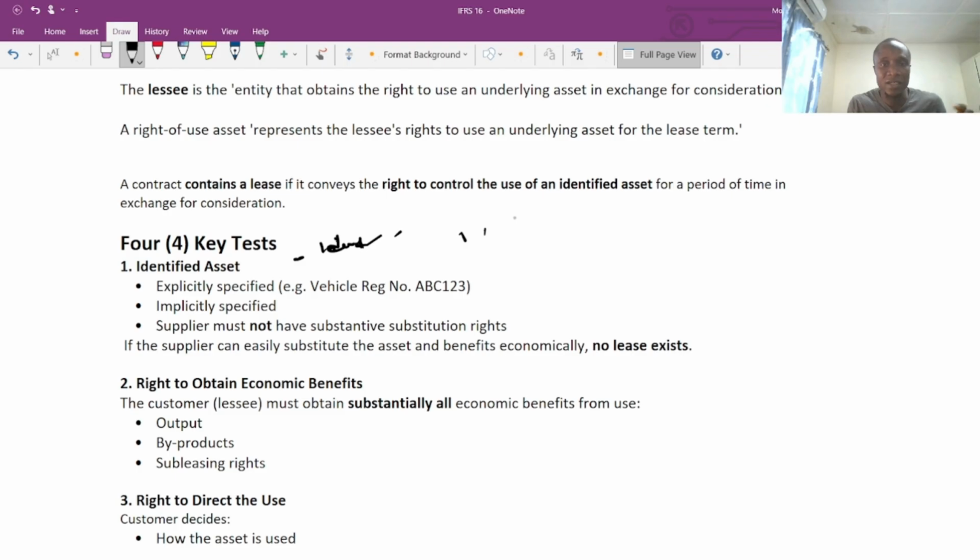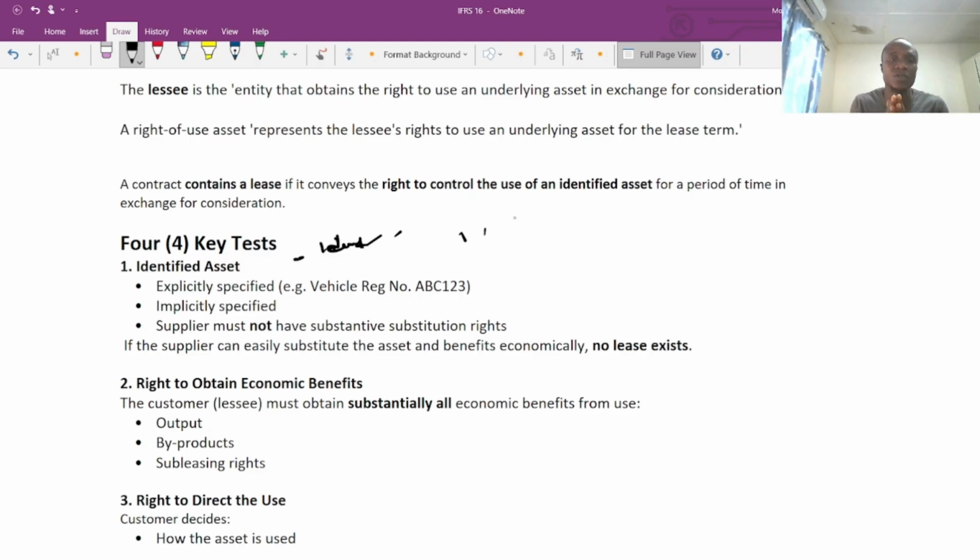The lease agreement clearly stated that the asset is a Toyota Hilux with a registration number of ABC123. So if the car is a Toyota Hilux, but with a registration number of ABC124 or 122, then that asset is not a specific asset. It is not an identifiable asset. So we can't include it as a lease agreement.